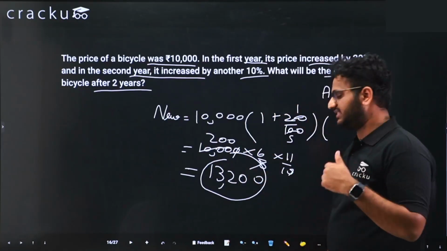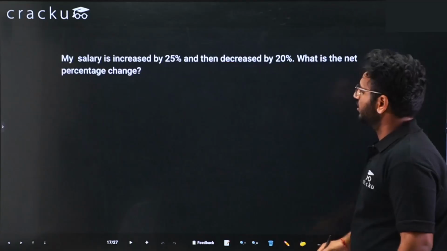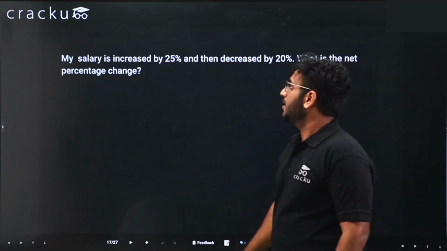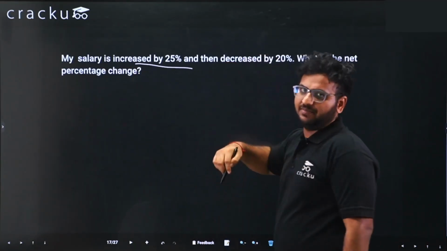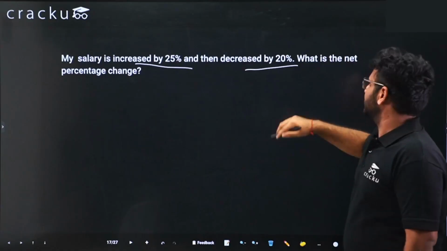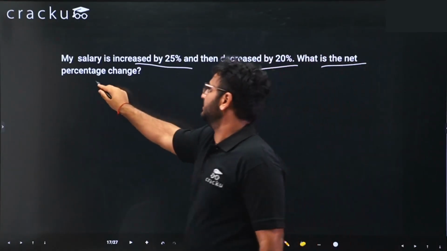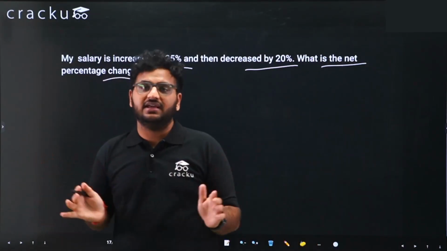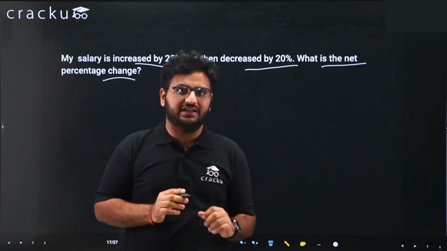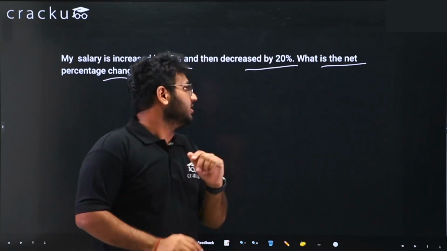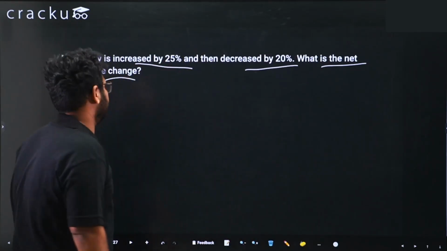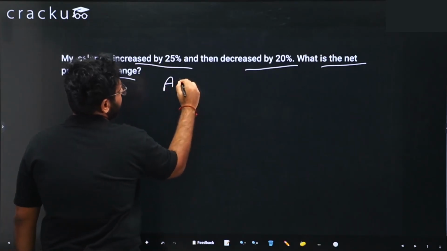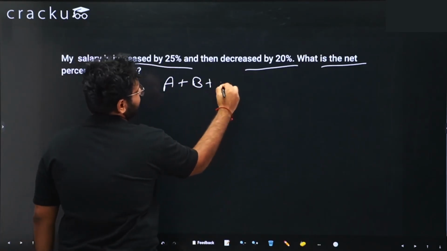Now let's move towards the next question. The question is, my salary is increased by 25% and then decreased by 20%. What is the net percentage? Now we have not been asked the value of the salary. We have been asked the net percentage. So let's solve with the other method. The method was A plus B plus AB by 100.